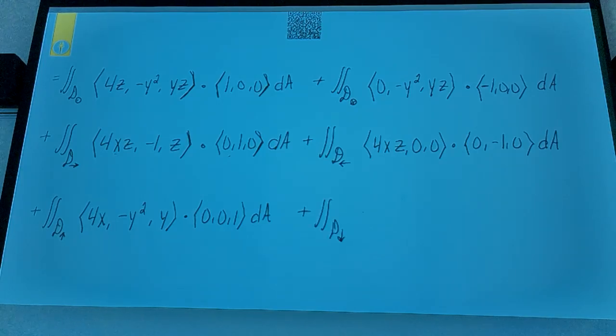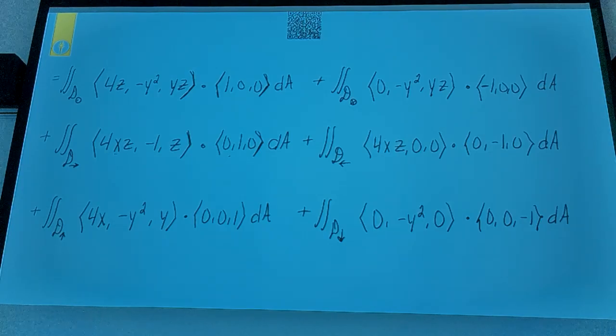Now finally for the bottom, z is 0, x and y are the same. So half of them are just 0.